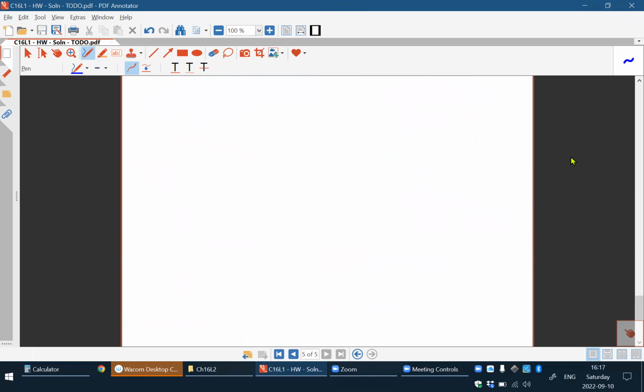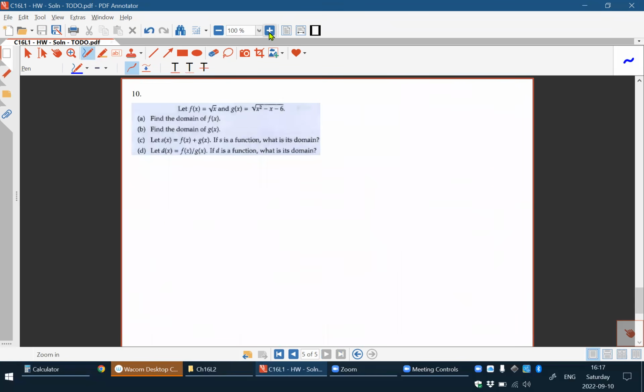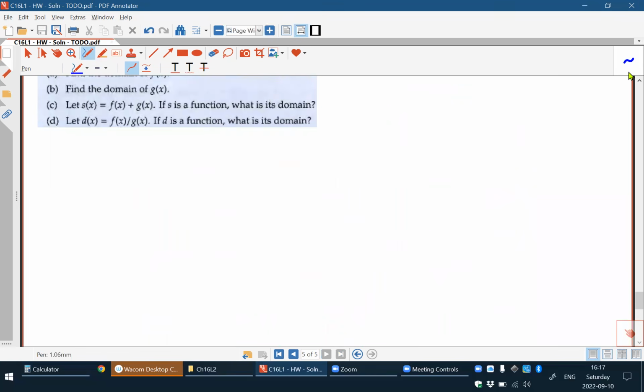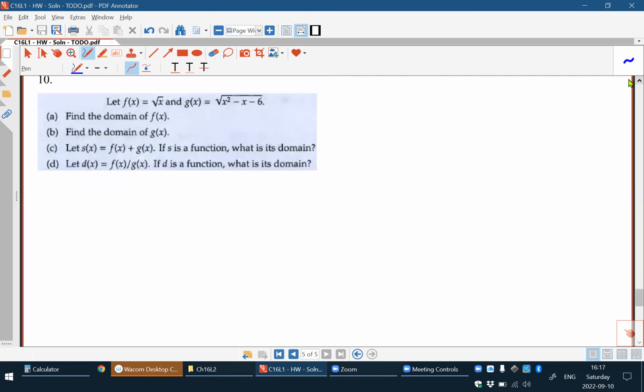Okay, last one. f(x) is a function which is the square root of x. g(x) is another function, the square root of x² - x - 6. A, find the domain of f(x). Any restrictions on x?